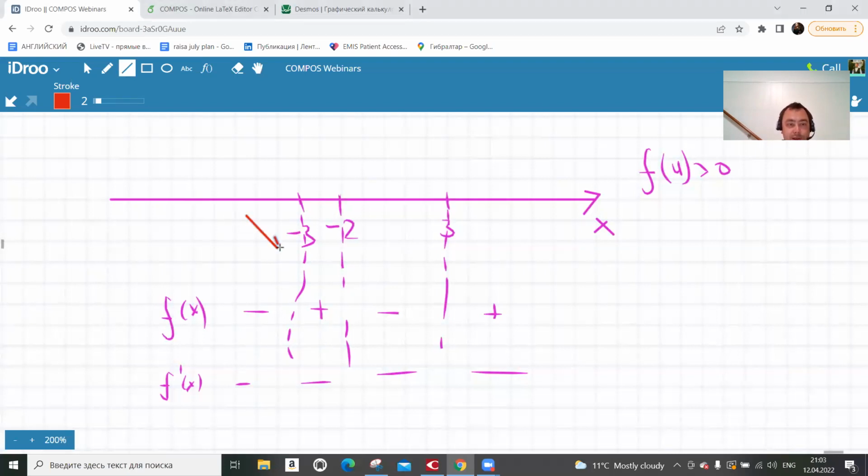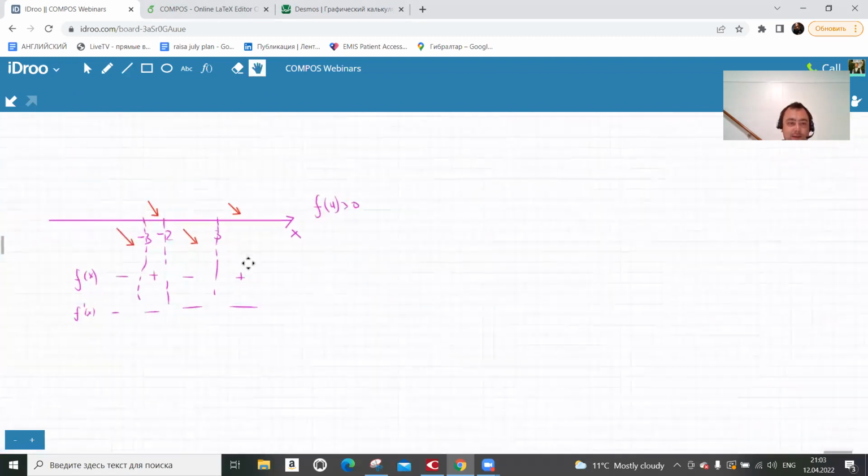So I draw a straight line down here. The function is positive and decreasing here. And the function is negative and decreasing here. And the function is negative and decreasing here.